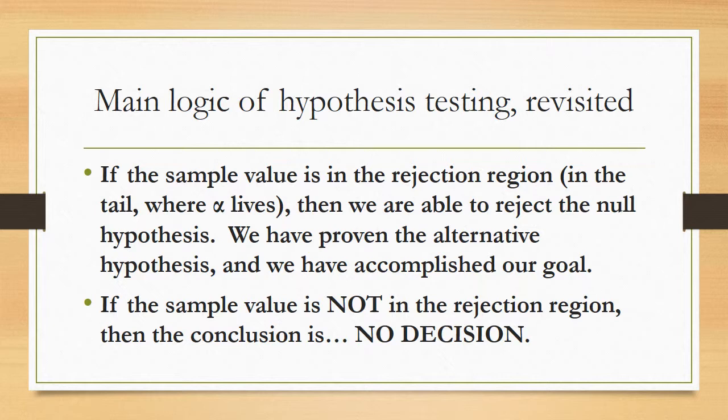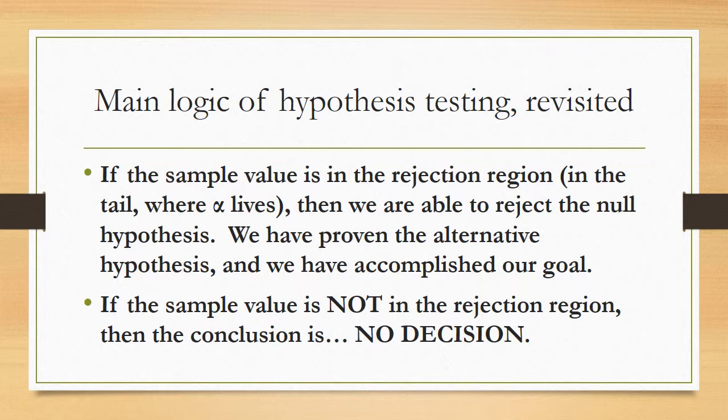And so that's how we set this up. We're going to set up the hypotheses. We're going to be trying to prove the alternative. We're going to be looking for where the tail is. And then we're going to use some kind of equation or formula to say, all right, is it out there?